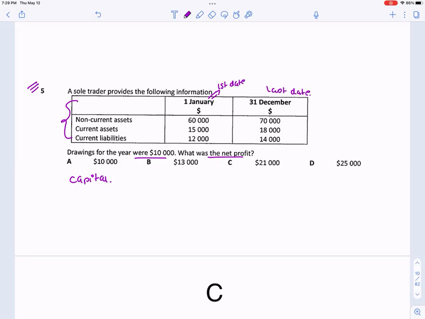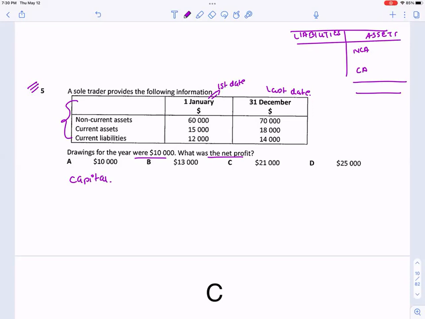So can I find out capital on the first date and last date by making a balance sheet? Let's see. Here I'll write liabilities, here assets. What are the assets made up of? Non-current assets and current assets.